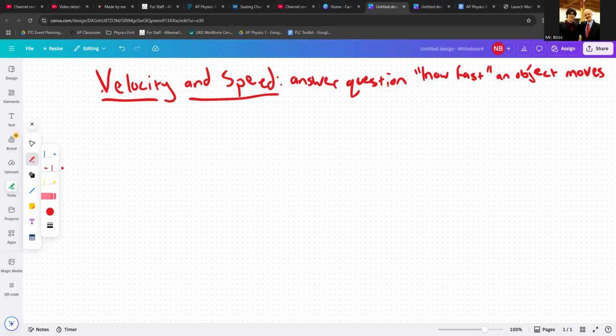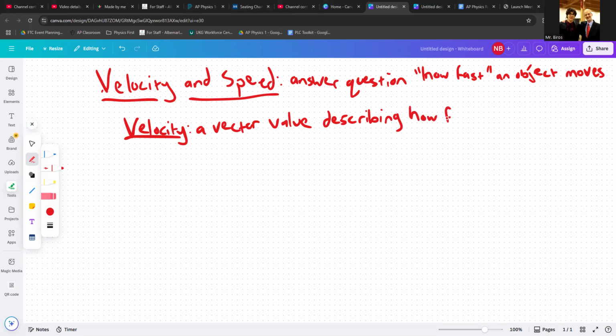All right, so we'll take velocity first. There's probably the most to say about that one. And velocity is a vector value describing, well, exactly what we said above, how fast an object moves.